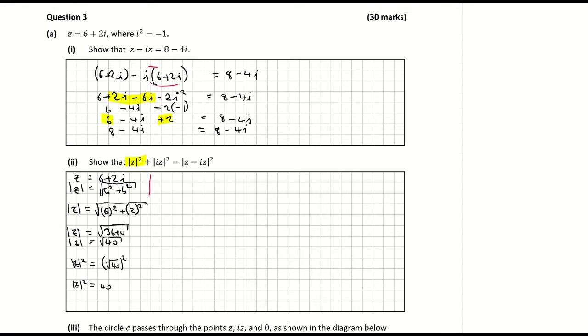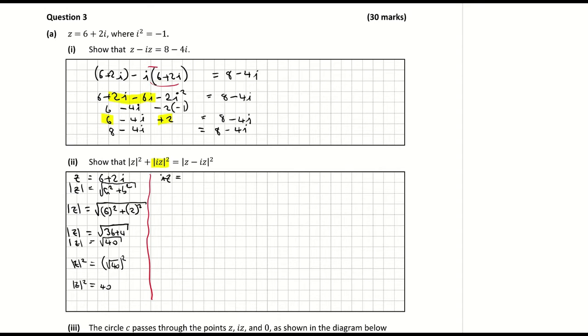Let's come over now and look at the next part, which is going to be the modulus of i times z, all to be squared. Now go back up to the top of the question here, part 1. Do we know what i times z is? We do. We part worked it out.